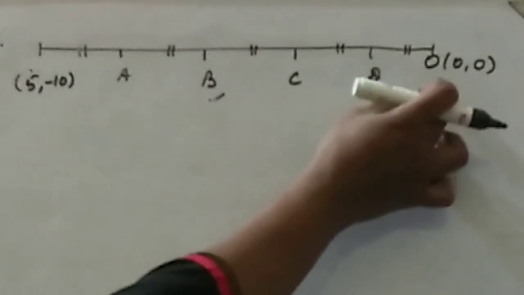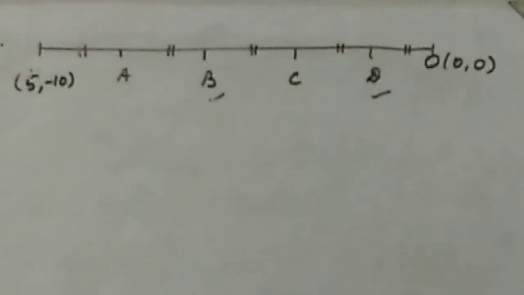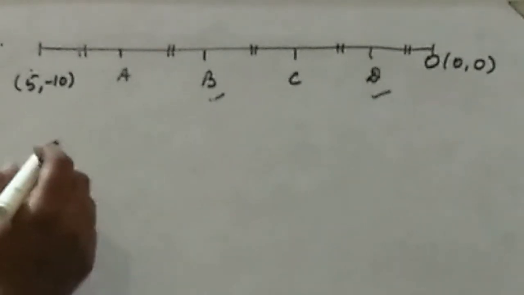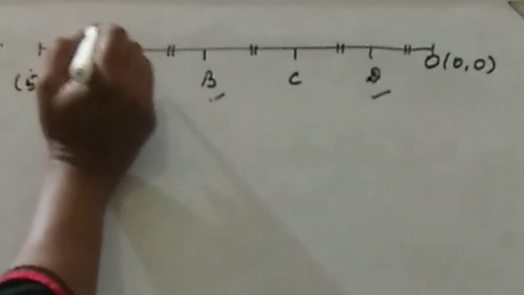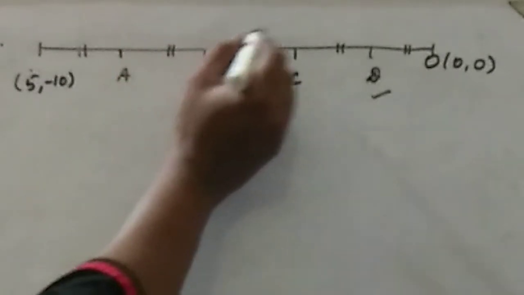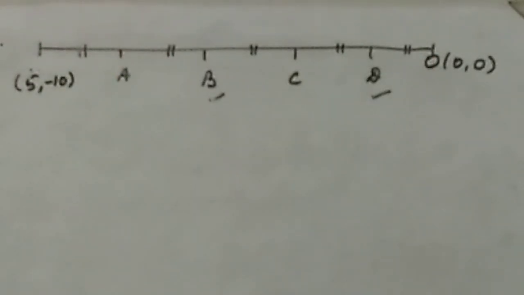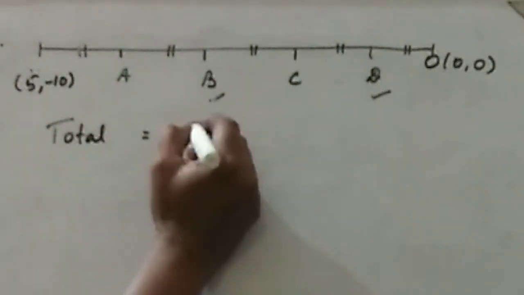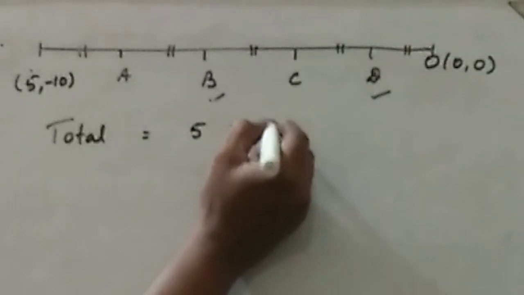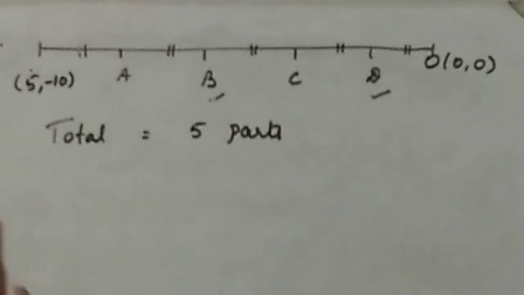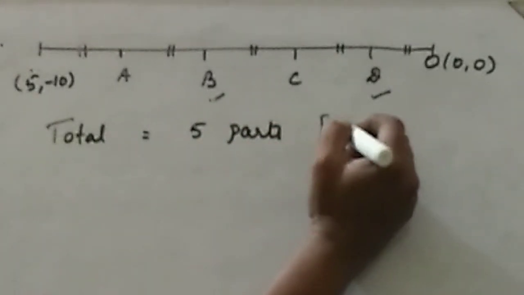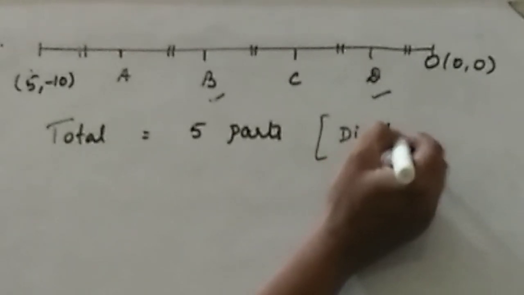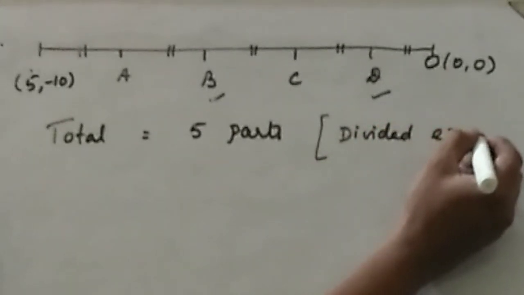Each is 1, 1, 1, 1, 1. Total 5 parts, divided equally.